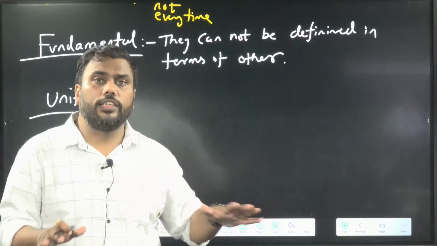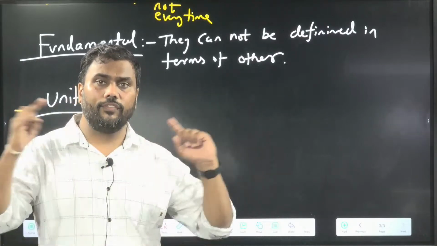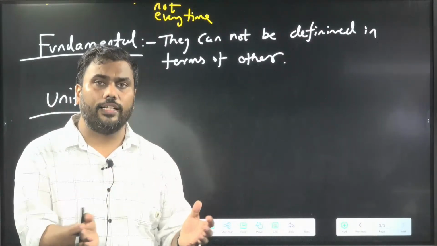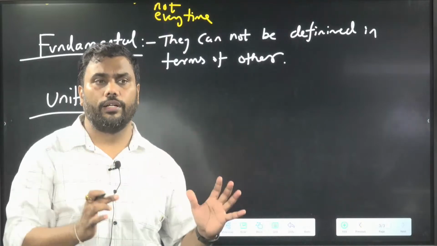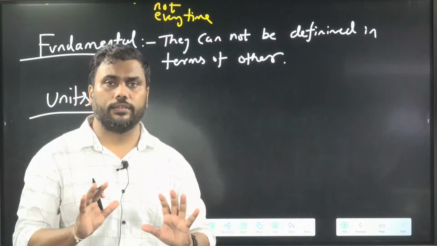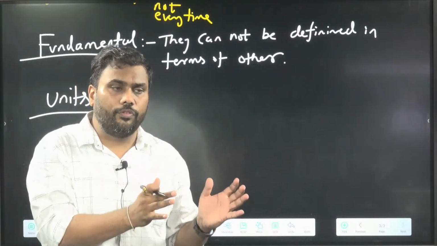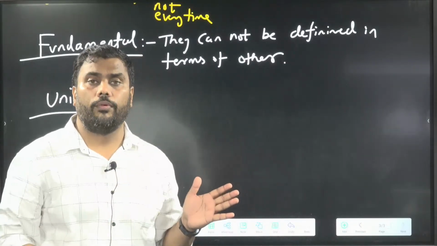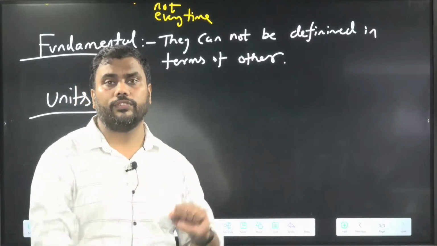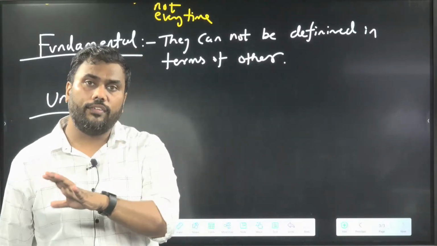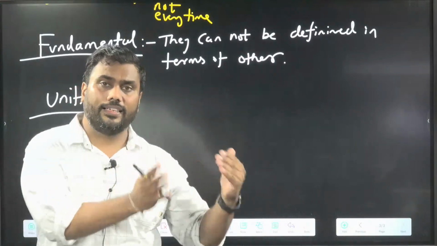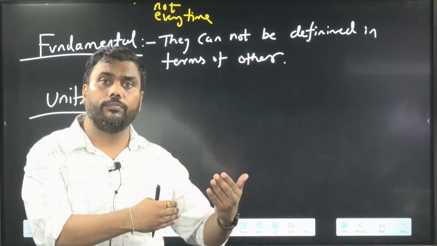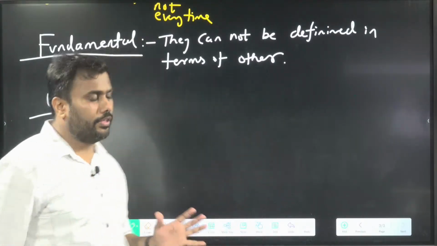To avoid this, the international science community decided to use a system of units. In this system, we have defined units of only 7 fundamental physical quantities. All others can be derived in terms of these 7. They are called derived quantities, while the 7 physical quantities which cannot be derived in terms of others are called fundamental physical quantities.